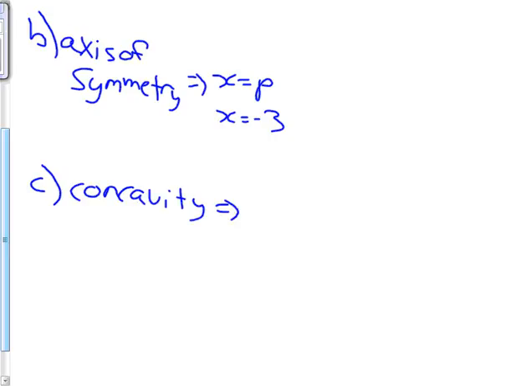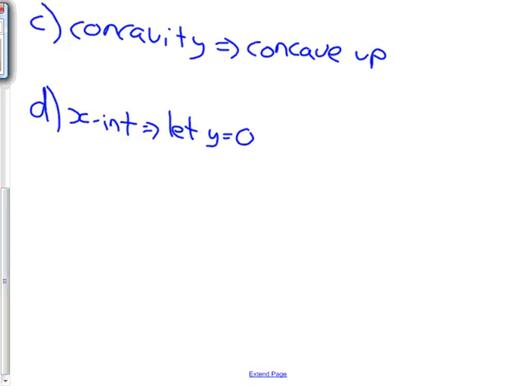It is positive, concave up. Okay, I've got to let y equal 0. We're going to have this.